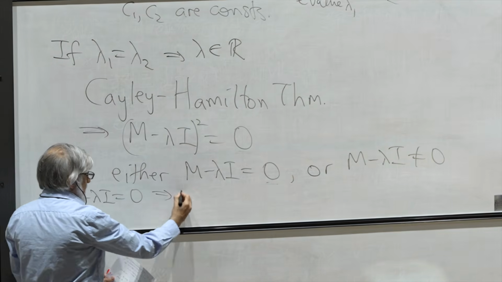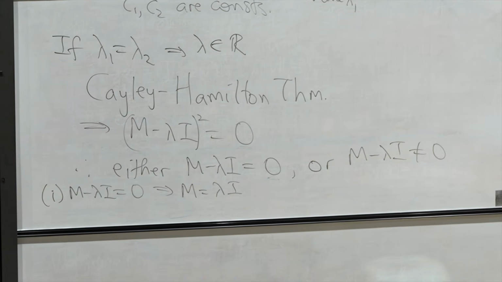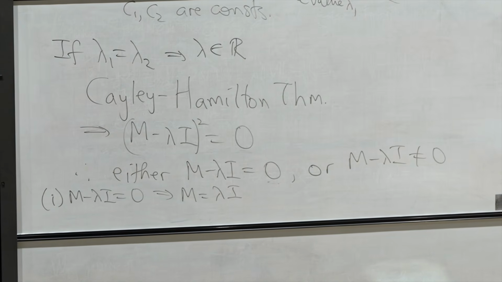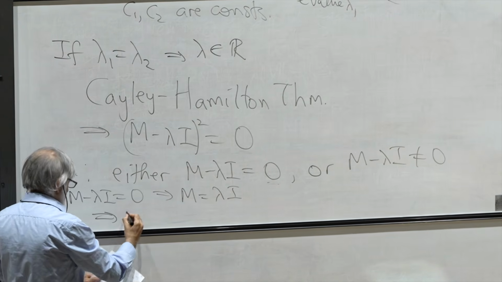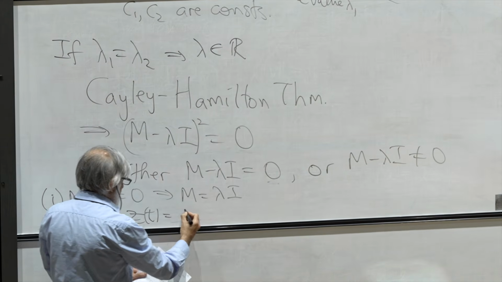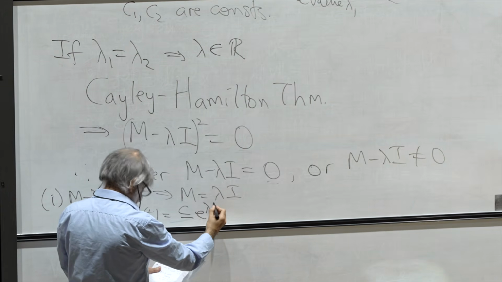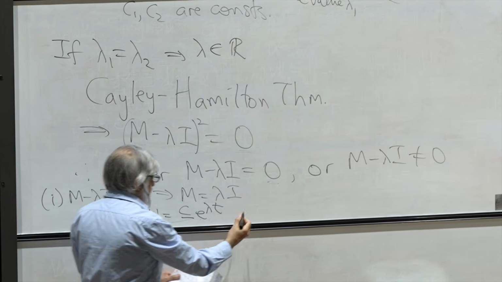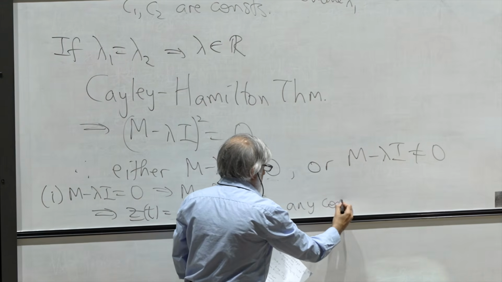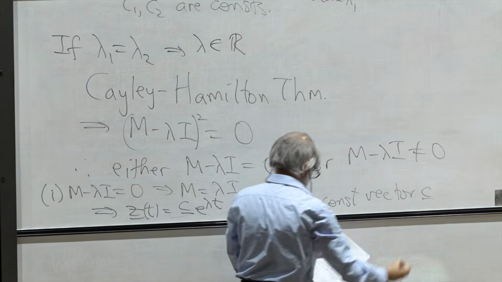Then that implies m is just a multiple of the unit matrix, and so that implies that z equals some c e to the lambda t for any constant vector c.